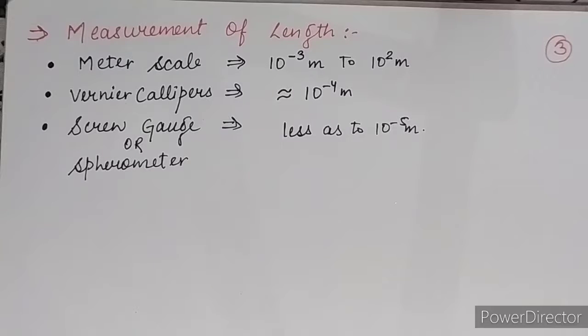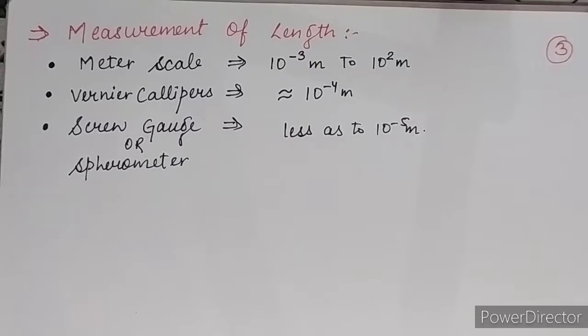So to measure lengths beyond these ranges, we have to use some special indirect methods. These are the direct methods which can easily measure, but now with the help of indirect methods we can measure the smallest lengths beyond 10 to the power minus 5.